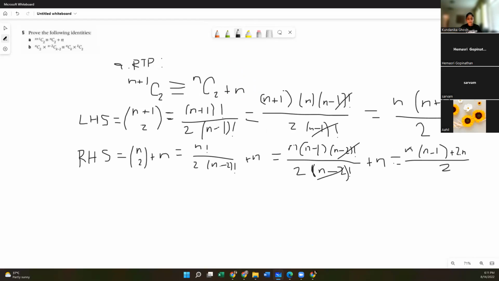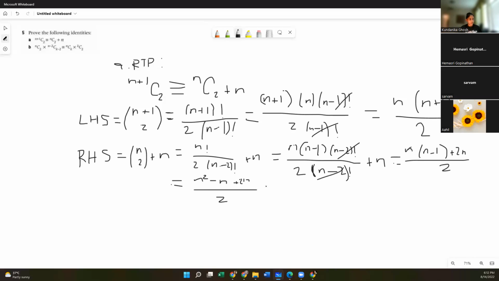So what we can do here is rewrite this as n squared minus n plus 2n, because we can distribute the n. We'll go down here. So you have n squared minus n plus 2n, which we're going to add up in just a second.